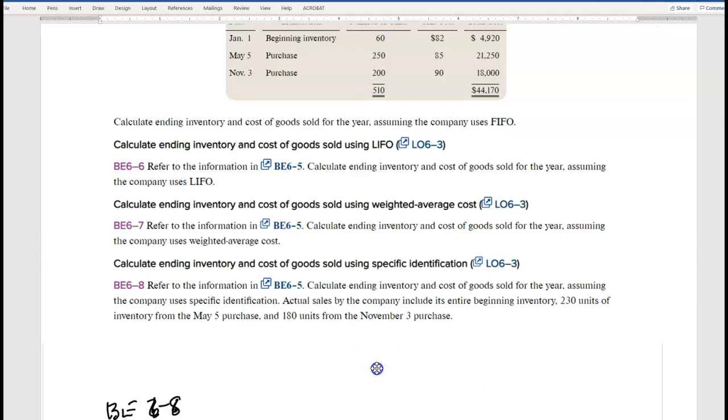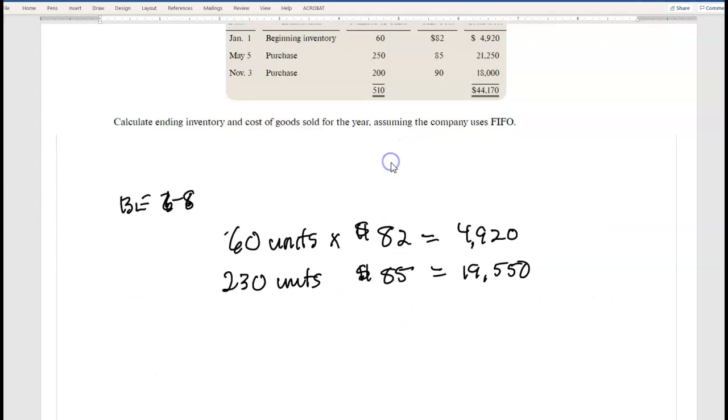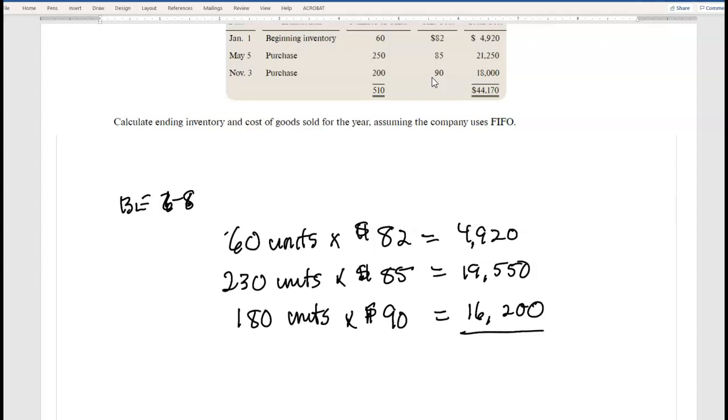Okay. And 180 units from the November 3rd purchase, and those cost $90. And that equals 16,200. Okay? If you add those up, that equals 40,670, and that's our cost of goods sold.